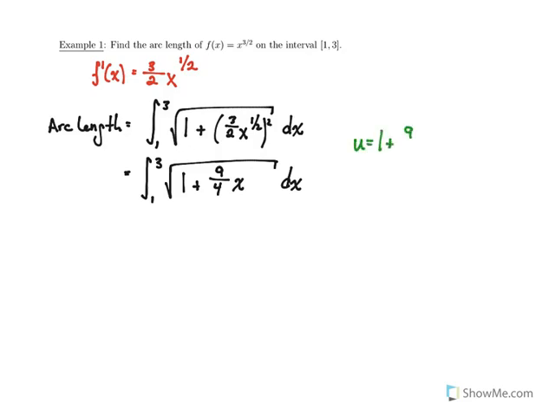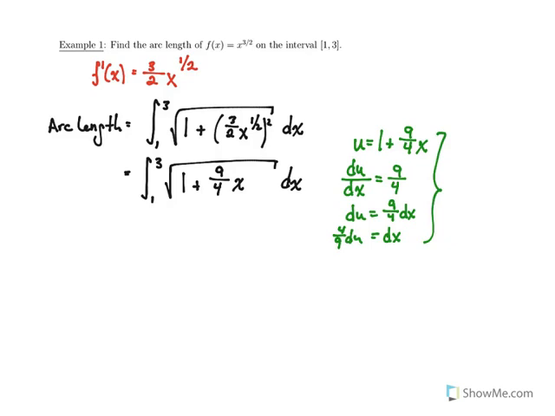U equals 1 plus 9/4 x. That means that the derivative of this is going to be 9/4. Could write this as du equals 9/4 dx. So we could say dx is equal to 4/9 du.